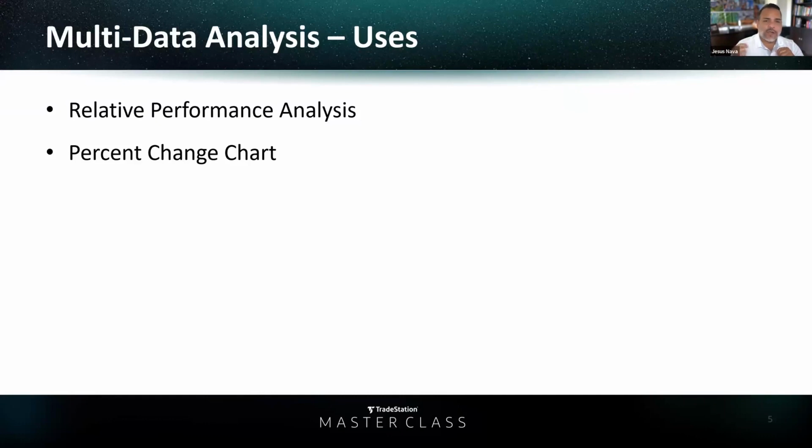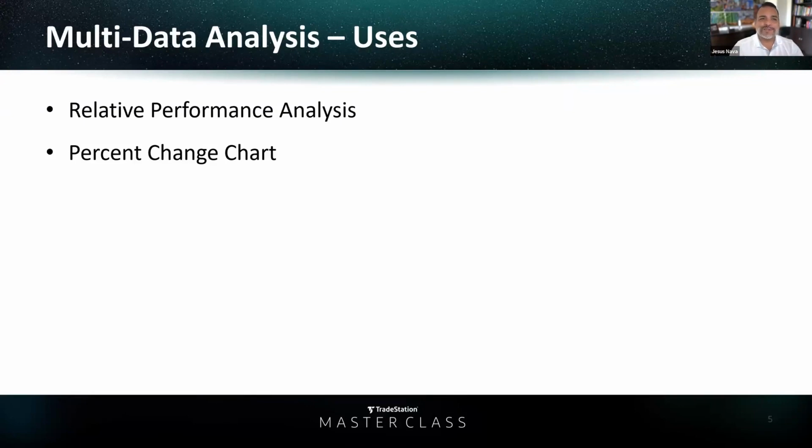We can talk about an example here in class. One example that I've used in the past is looking at different airline stocks. You may be looking at American Airlines, Delta, United, and you want to know which one is performing better than the others. Not only in a short period of time, but also in history.